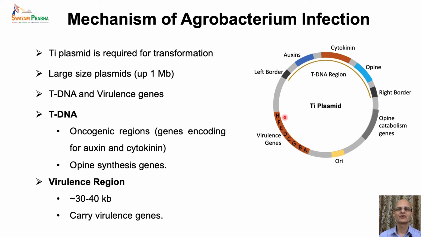So you know that in prokaryotes genes are organized in operons, that is, more than one gene controlled by a single promoter, and therefore these 6 to 8 operons present in this virulence region synthesize about 20 to 25 proteins in this case.